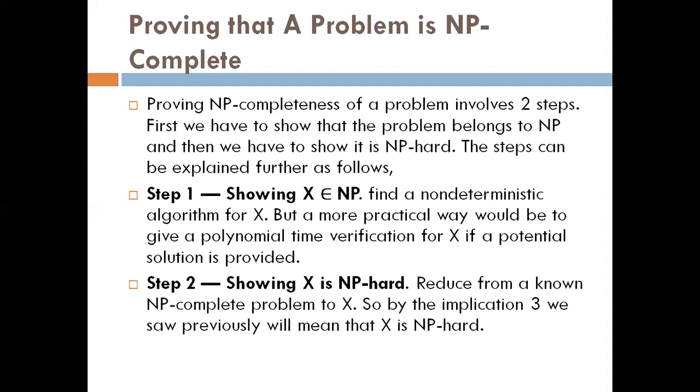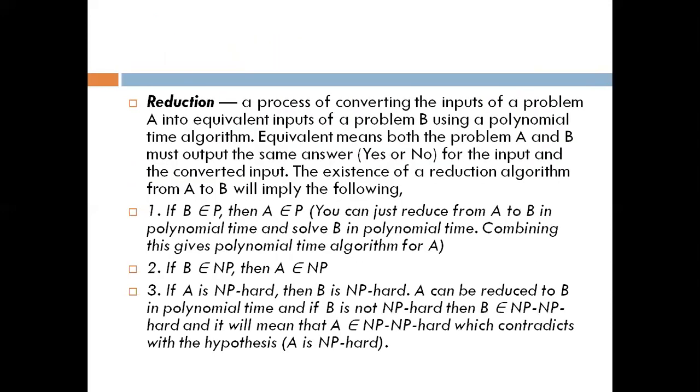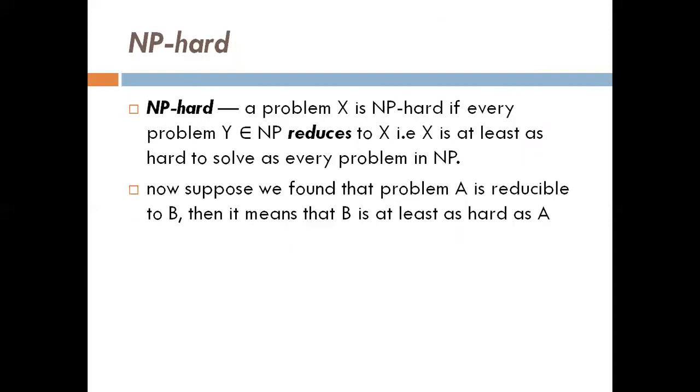Step 2, showing X is NP hard: reduce from a known NP complete problem to X. By implication 3 we saw previously, this means X is NP hard. Implication 3 means: if A is NP hard, then B is also NP hard.